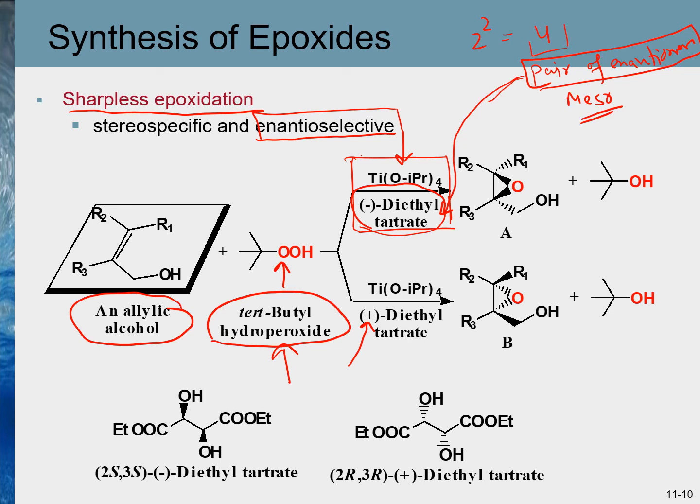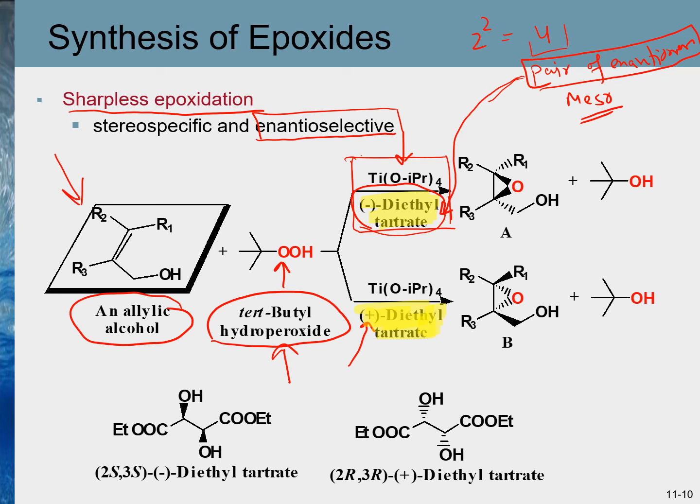Now, this is only possible because we are conducting this reaction in a chiral environment. Our starting material is achiral. Our alcohol and tertiary butyl hydroperoxide both are achiral. There is no chiral center. But the reason why our outcome is enantioselective is because our reaction environment, which consists of the catalyst, is chiral. So if we conduct any achiral reaction in a chiral environment, the product will be a chiral product.